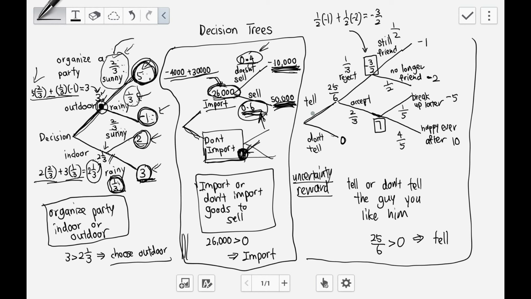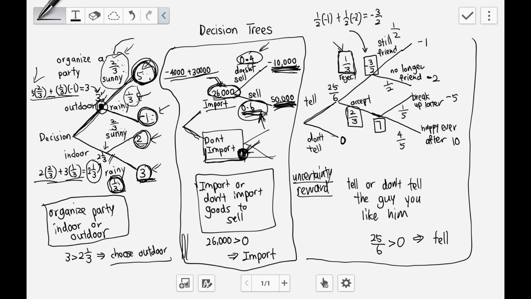But if you are telling, then there is a 1/3 chance that he will reject you. This could be based on the rejection rate he gives to the girls that approach him: out of every three girls, he rejects one and accepts two. That's not really a way to get the probability, but whatever way, based on your estimation of your chances, you should decide the probability.